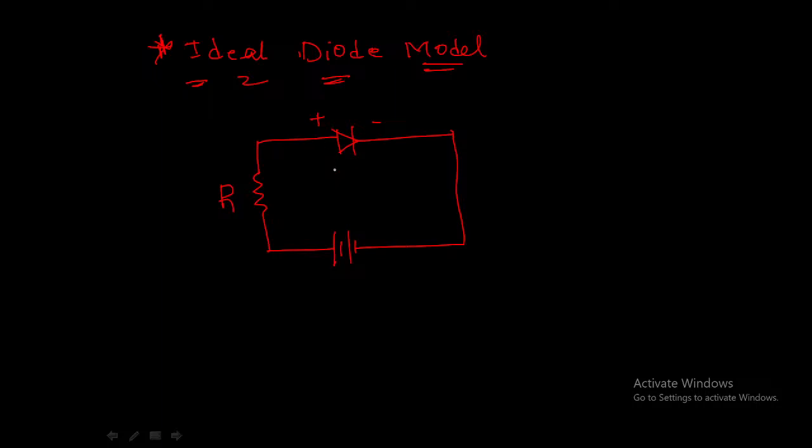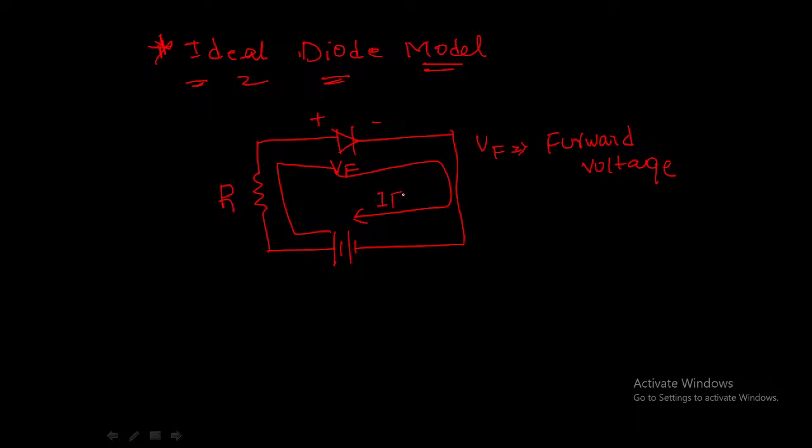The voltage across this diode, let us say it is VF, the forward voltage. Let me write it here. VF is the forward voltage, and the current flowing through this diode and through this circuit, let us say it is IF, the forward current.